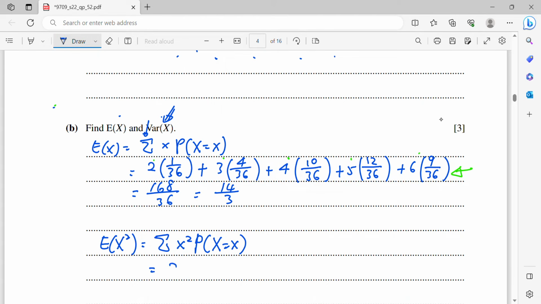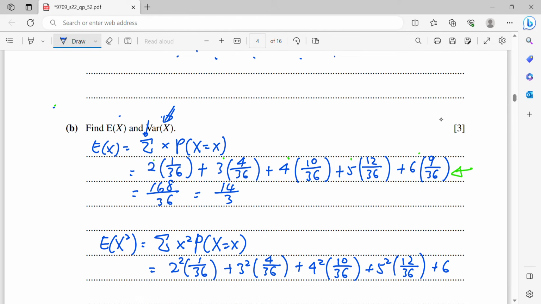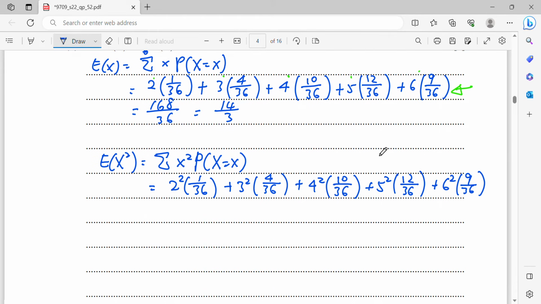So it will be 2 squared multiplied by 1 over 36, plus 3 squared multiplied by 4 over 36, plus 4 squared multiplied by 10 over 36, plus 5 squared multiplied by 12 over 36, and the last is 6 squared multiplied by 9 over 36. From here, you will be getting 824 over 36.